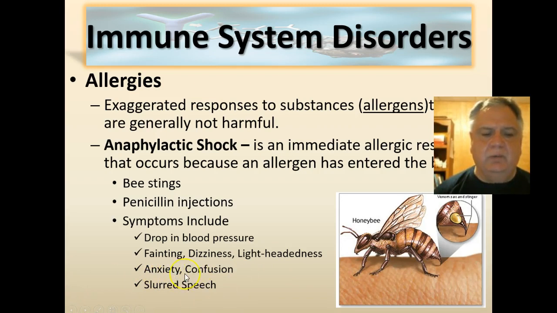Lack of appropriate blood supply can lead to anxiety and confusion and even slurred speech. This sounds a lot like stroke, doesn't it? Because again, the same thing's happening with a stroke. We're having a decrease in the blood supply to the brain, and it all depends on what part of the brain is getting the decrease in the blood supply. So we're going to see these in association with a lack of appropriate blood supply to the brain.